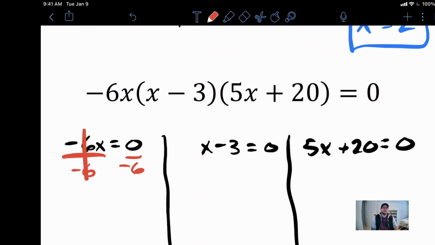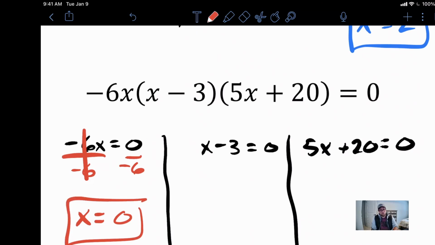These two cancel off, and I'm going to be left with x equals 0 divided by negative 6 is 0. And we're done. Now let's get x alone in the middle one. Since it was x minus 3, if we add 3, that will make this go away. And we'll be left with whatever 0 plus 3 is, which in this case is just 3.